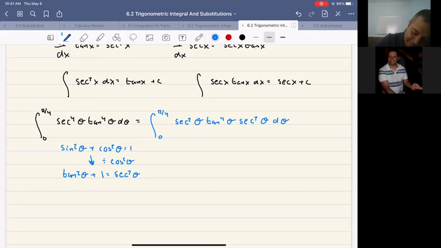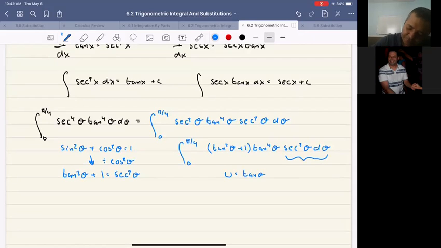So we get the integral from 0 to pi over 4 of tan squared theta plus 1, tan to the 4th theta, secant squared theta d theta. If we let u be tan theta, okay, du is secant squared theta d theta.